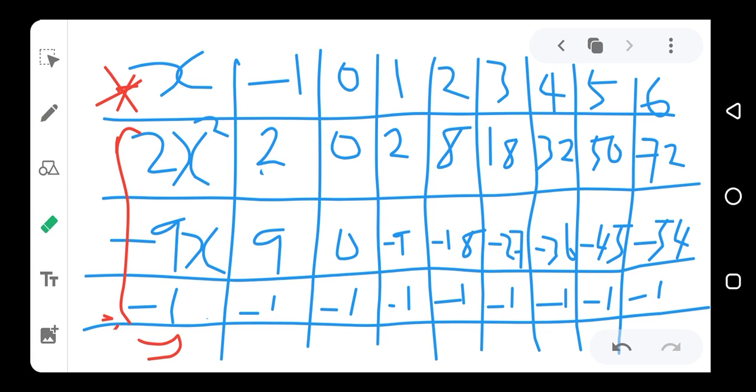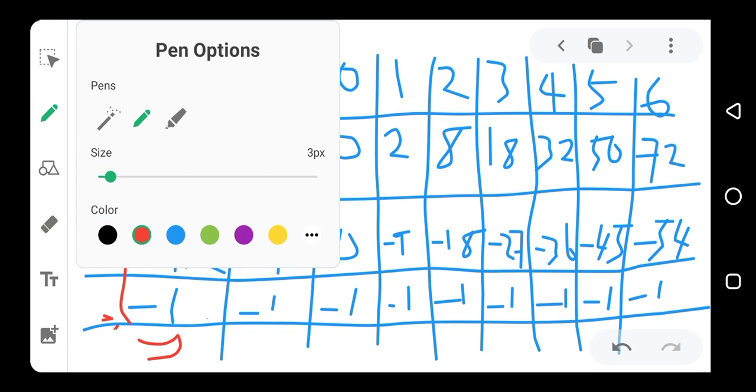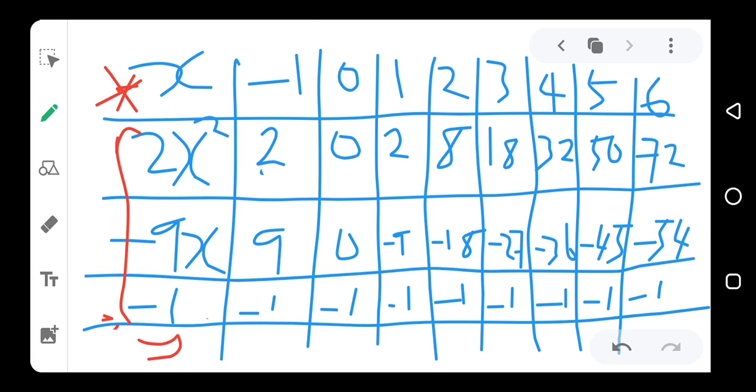Add them together. So this one becomes 2 plus 9, which will give us 11. 11 minus 1 will give us 10. 0 plus 0 is 0. 0 minus 1 will give us minus 1. 2 plus minus 9 minus 1, this one will give us minus 8.